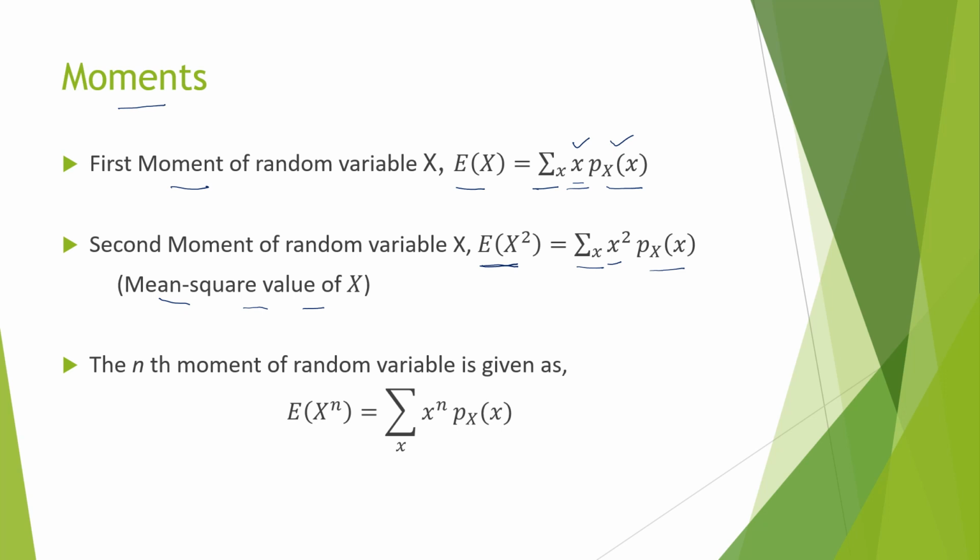So in general, the nth moment of a random variable is given as E[x power n], which is sigma for all values of x, x power n p_X(x). If n is equal to 1, it leads to the first moment. If n is equal to 2, it leads to the second moment. So this equation is the general equation for the nth moment.